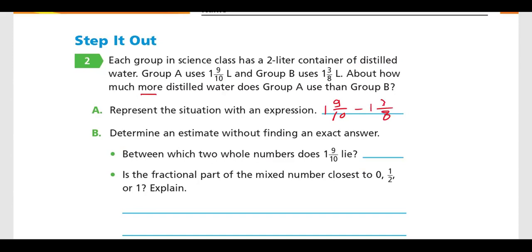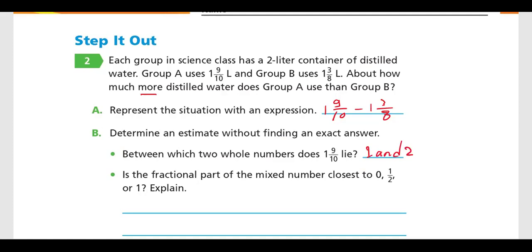So determine and estimate without finding an exact answer. Between which two whole numbers does 1 and 9 over 10 lie? It's between 1 and 2.